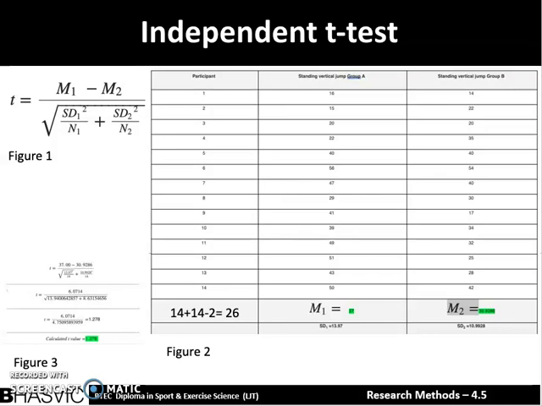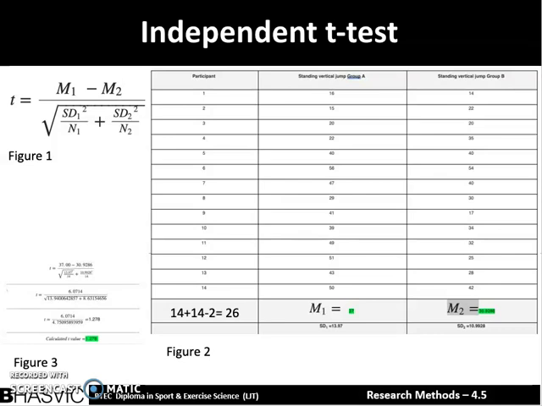Then, at the end, once you have found your calculated value, which in this case is 1.278, you do the same as the Pearson and the Spearman rank, where there is a critical values table and you find your critical value using your degrees of freedom and level of significance, which is 0.05.